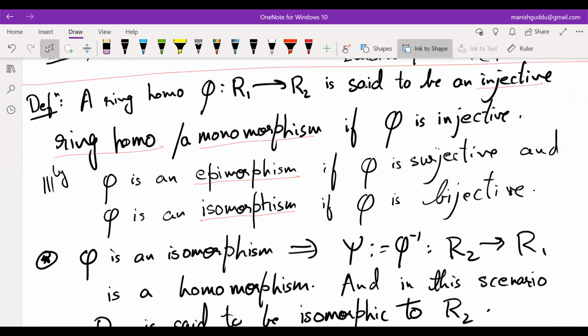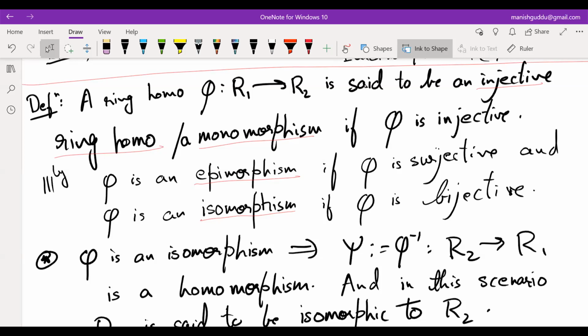And phi is said to be an isomorphism if phi is bijective and it's a homomorphism. But usually the definition of isomorphism for algebraic structures is somewhat different. You say that there should be an inverse which is also a homomorphism. So it happens that for ring isomorphisms, this is a fact.